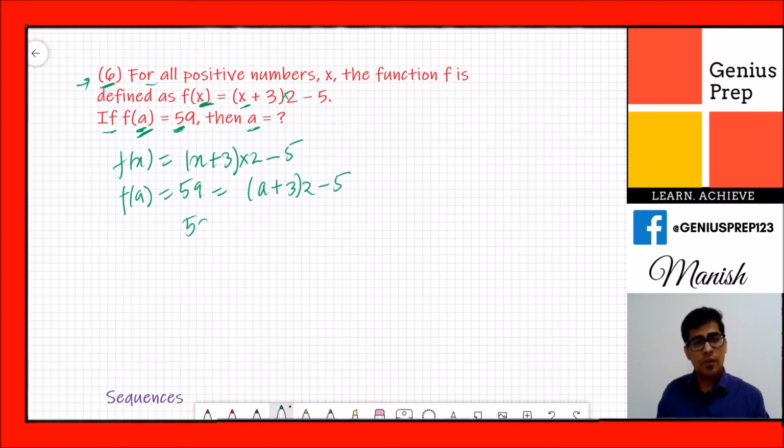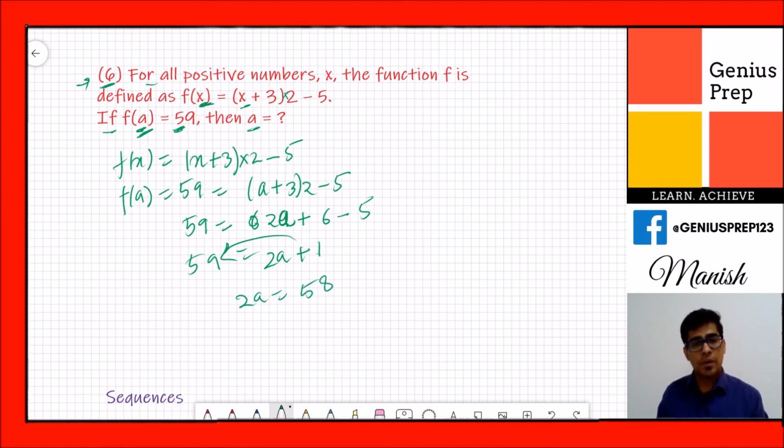Then 59 is equal to 2a plus 6 minus 5, which is 2a plus 1. We take this 1 to the other side, or you can write 2a is equal to 58.